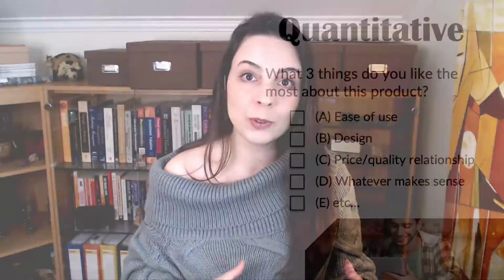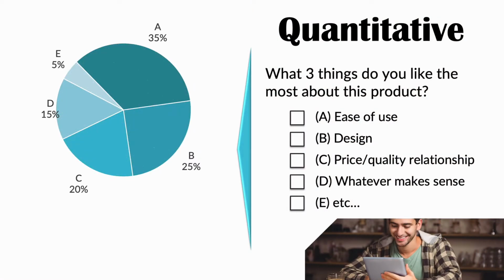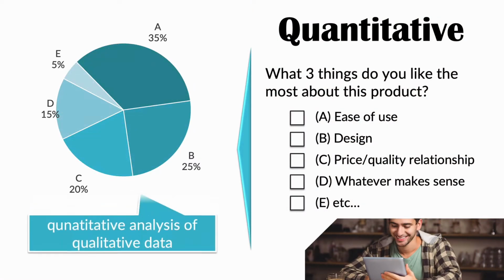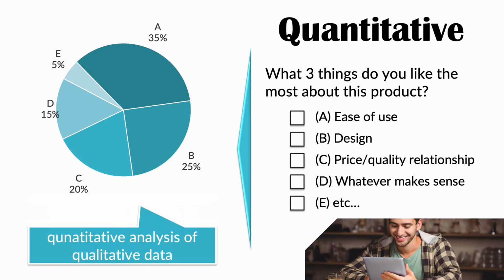While you may notice that the several options are qualitative answers, if we analyze the percentage of people selecting options A, B, C, etc., we are doing a quantitative analysis of qualitative data. And this is important to understand. What makes a quantitative research quantitative and a qualitative research qualitative isn't that one has quantitative data and the other one has qualitative data.